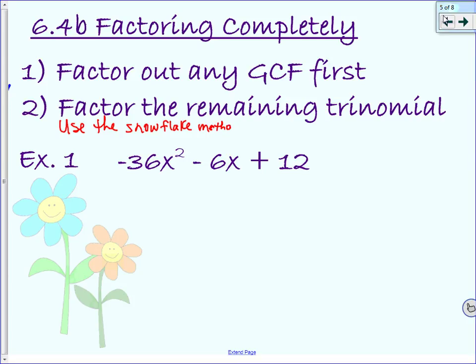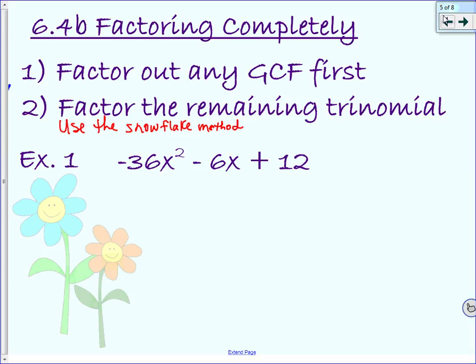Okay, so who can tell me what the greatest common factor is for this trinomial? DJ? Does everything have an X? Yes. And if your lead term is negative, it's generally easier to take out a negative GCF.